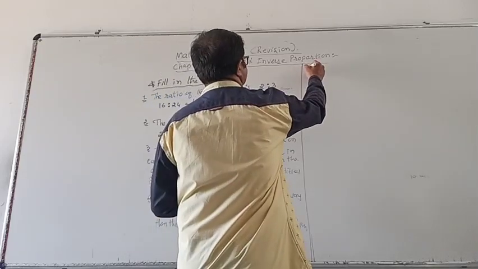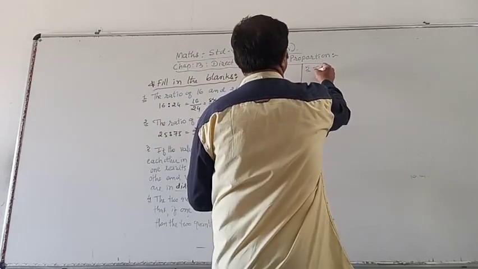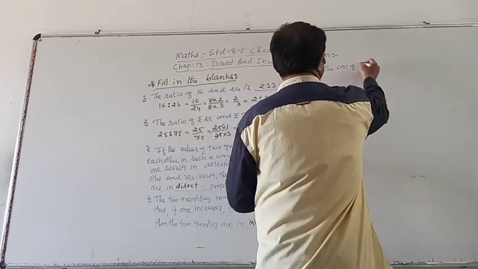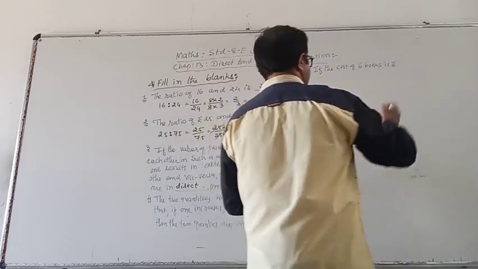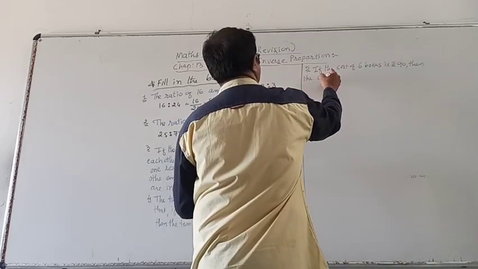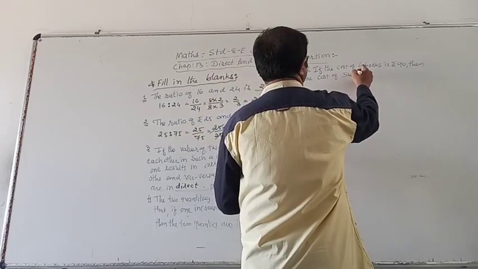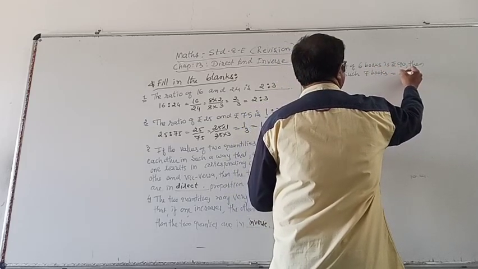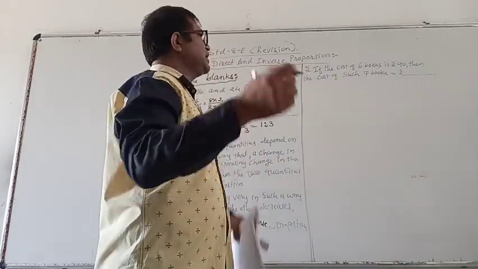Fifth one. If the cost of 6 books is rupees 90, then the cost of such 7 books is equal to rupees blank. Here, as we know, it is direct proportion.